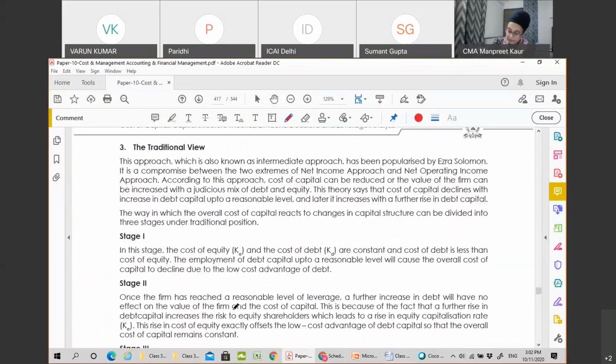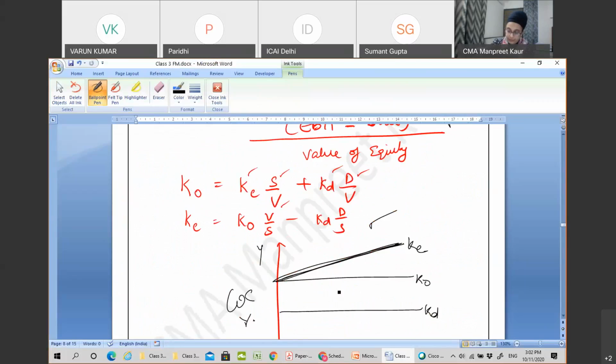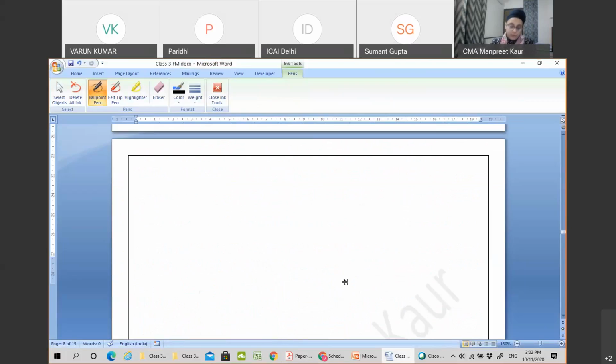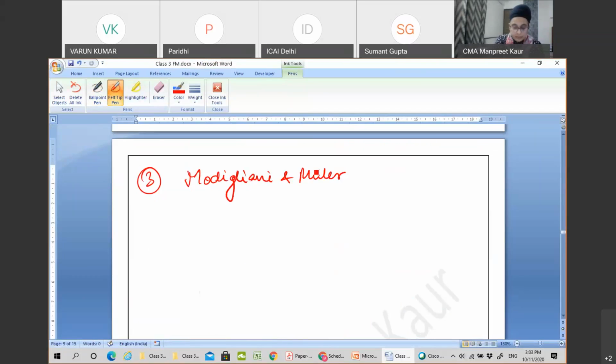Then we will come to our next approach, that is the Modigliani and Miller approach, the MM approach.